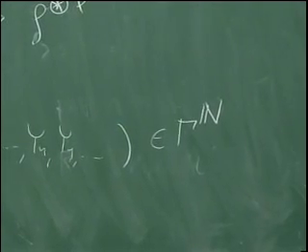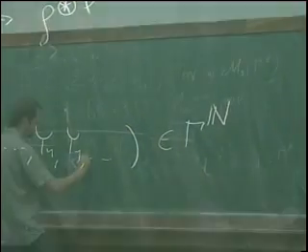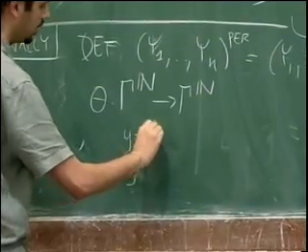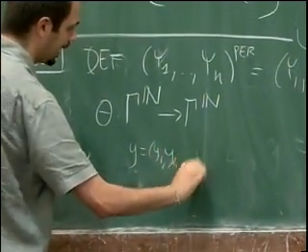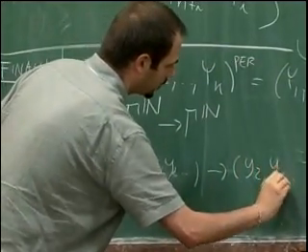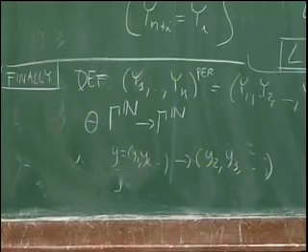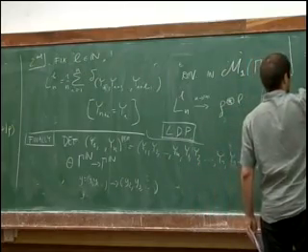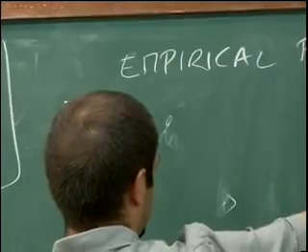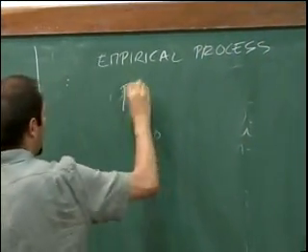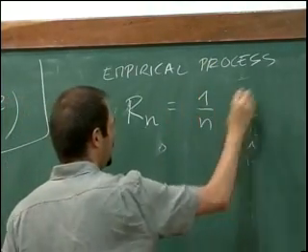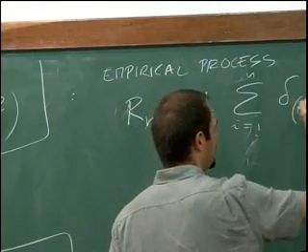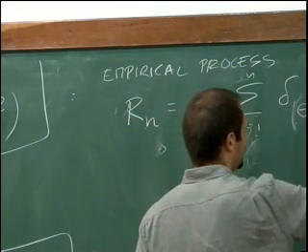And you define the shift from gamma to the N to gamma to the N, that to a sequence y1, y2, etc., associates y2, y3, etc. Then you could define what is called the empirical process Rn, which is just 1 over n, sum for i equal 1 to n, delta of theta^i of the periodized sequence.